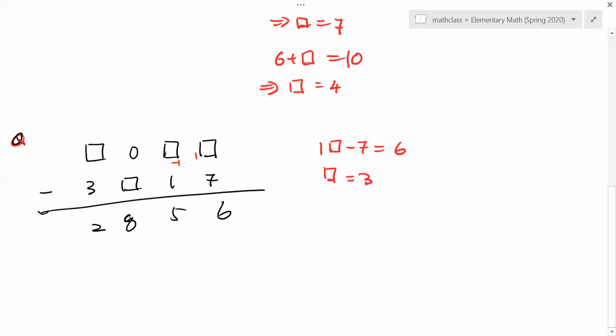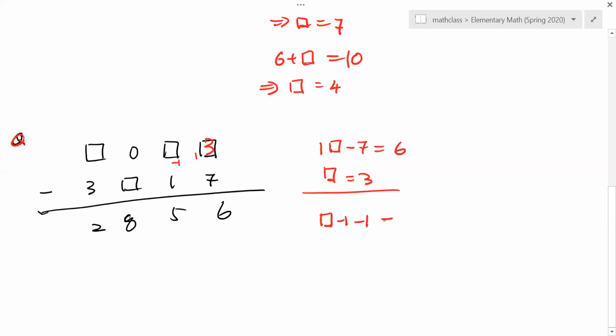Okay, so you figured out which is going to be 3. Now you already lost 1 from the second one. So when you do the subtraction, this number already had 1 subtracted, right?